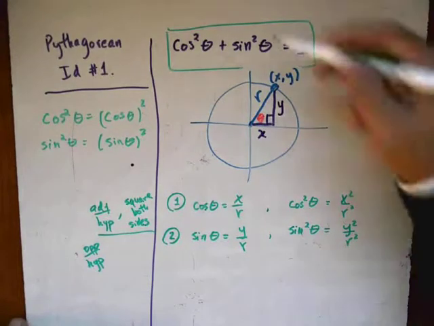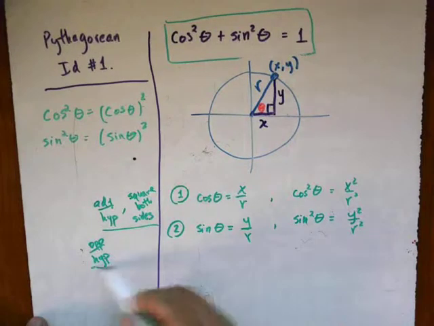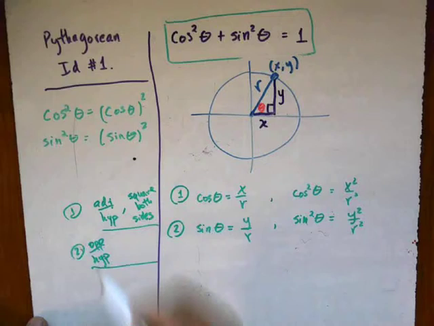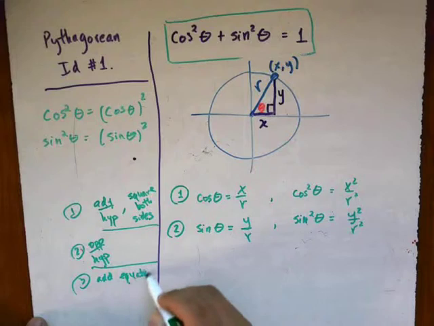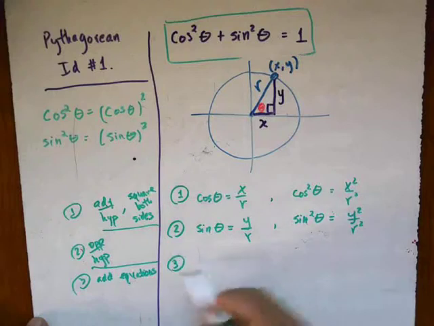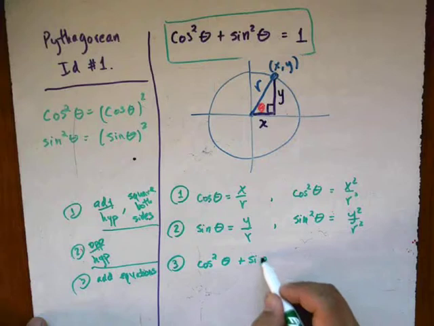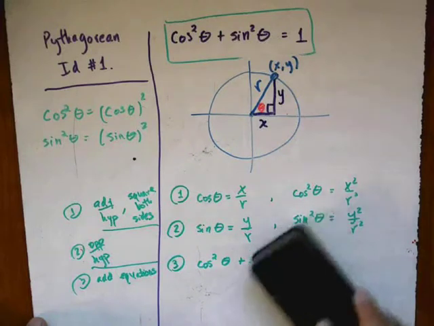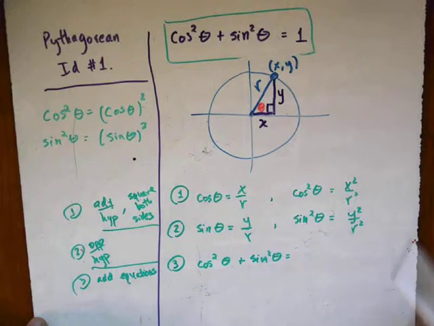Since we're trying to prove the statement, let's put these two equations together. In step 3, we're going to add the two equations. We add the two items on the left side: cosine squared of theta plus sine squared of theta, which is equal to the sum of the right side.